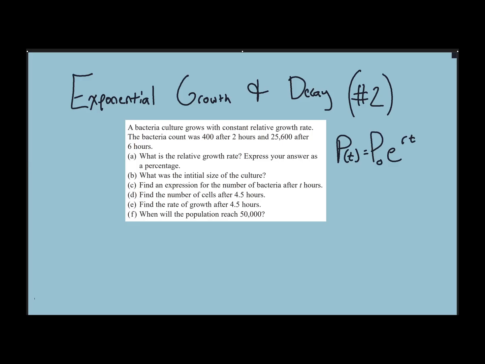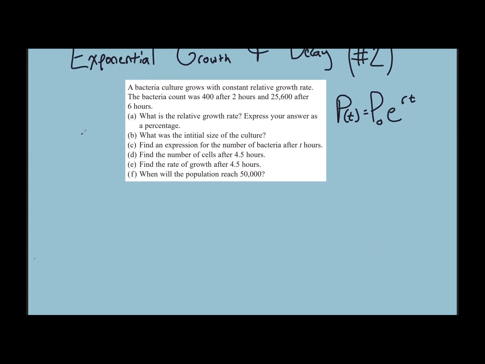Well, it seems to me that if we have a growth model, then it's a plug and play. Let's do the first one first. So I'm going to say 400, our population, equals some unknown P, e to the r, and then this would be 2 hours.